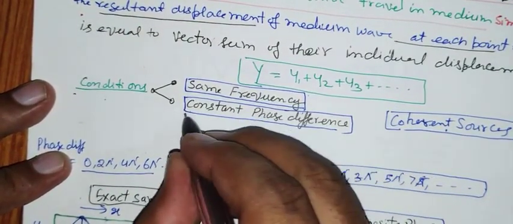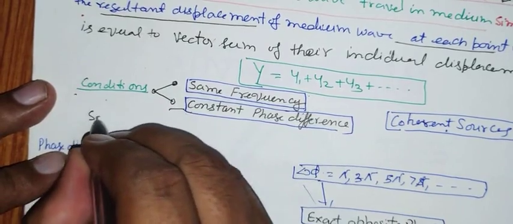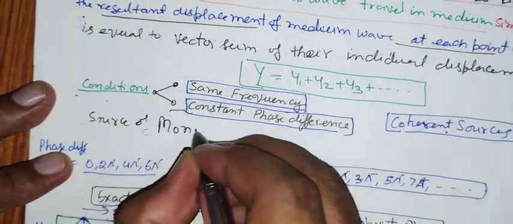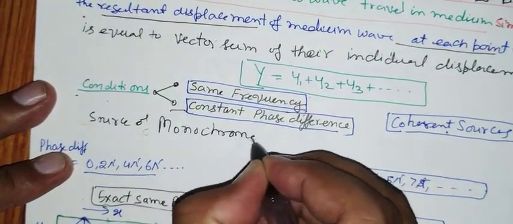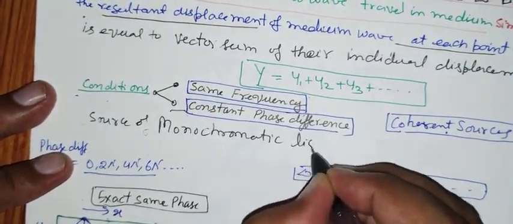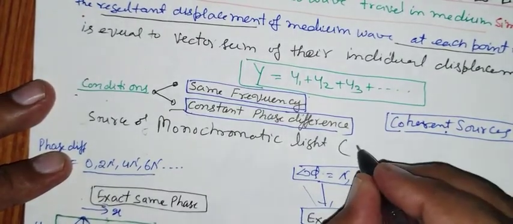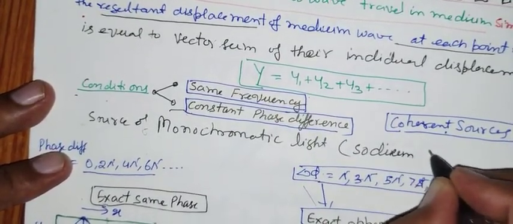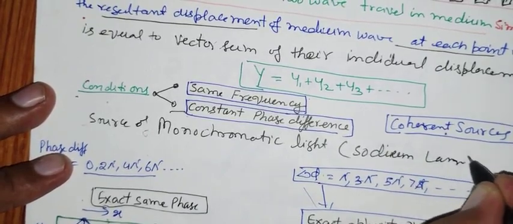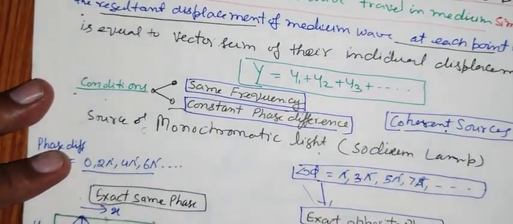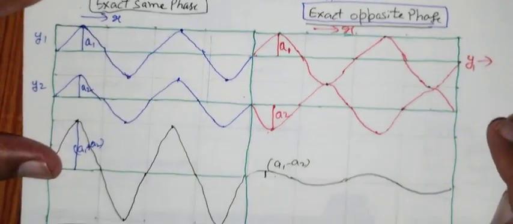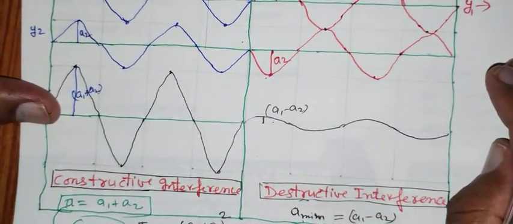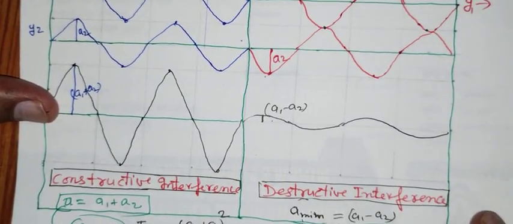It is obtained if we use a source of monochromatic light. For that purpose, a sodium lamp is taken. As a result, constructive interference and destructive interference are alternately obtained. So this is for this topic.